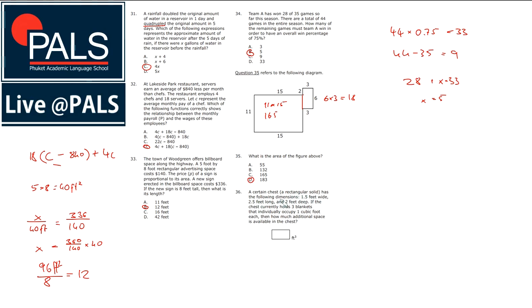A certain chest, a regular solid, has the following dimensions: 1.5 foot wide, 2.5 foot long, and 2 foot in depth.